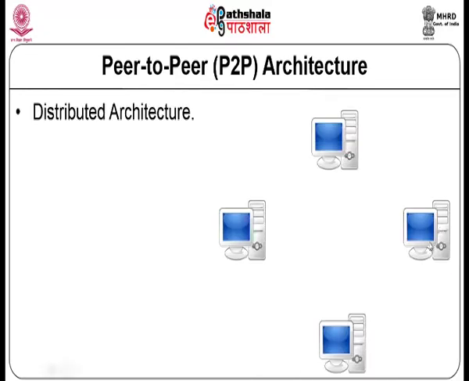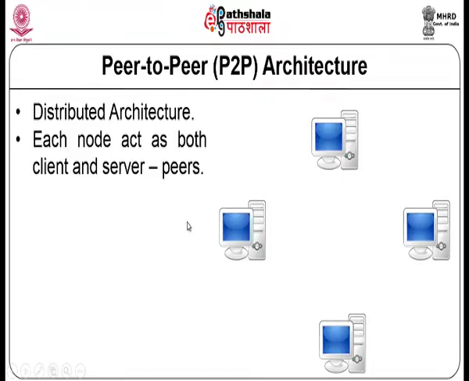So, this is a distributed architecture. We have looked at distributed systems, but this is a truly distributed architecture where, just like clients in a client server, there are many systems, but the difference is that each node will act as a server, and the same node can also act as a client depending on what this node wants or what this node has to offer as service.